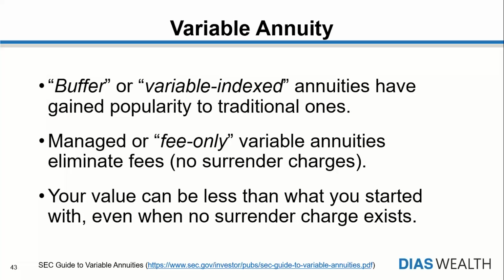You have the term buffer variable annuity or variable indexed annuities. That was the last part of the history that I wanted to throw in there. Because the indexed annuity market was gaining so much popularity with sales, the variable annuity market at one point needed something to add some sizzle. And really what they did was they created the buffer, which would limit part of the losses.